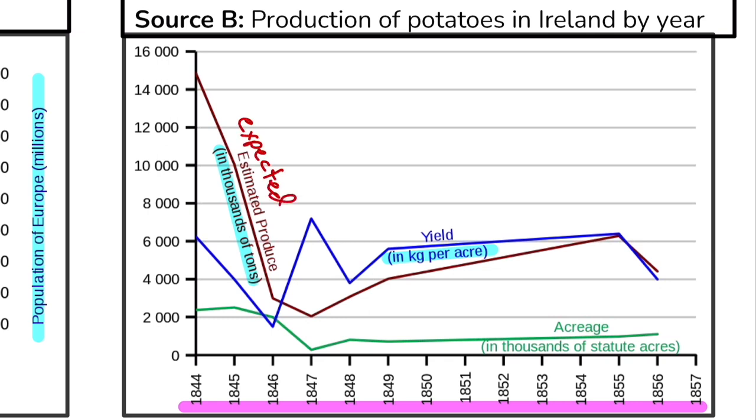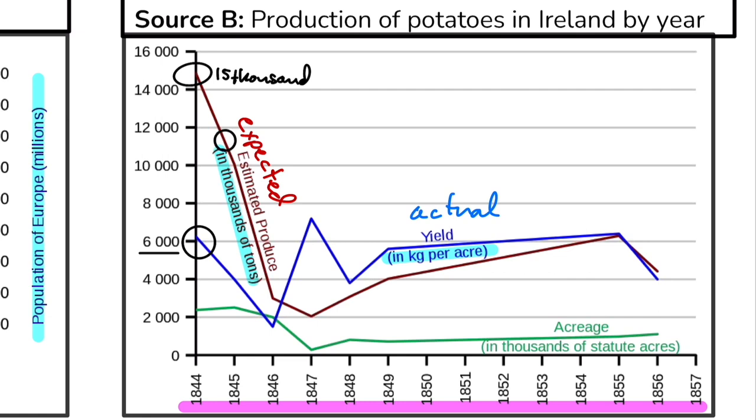So starting out in 1844, they have a high expectation for how many tons of potatoes they're going to get. But then we don't see that expectation met. They expected 15,000 tons of potatoes, and they only got 6,000 tons of potatoes. That is a big difference. Then when we get to the next year, their expectation for how much they're going to produce drops.